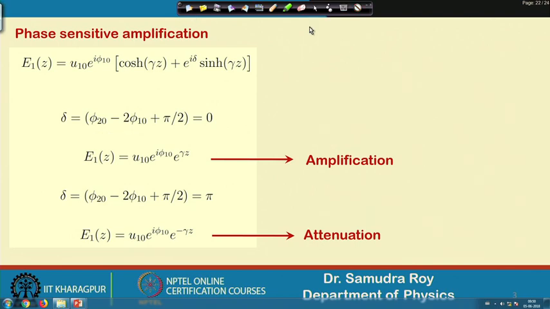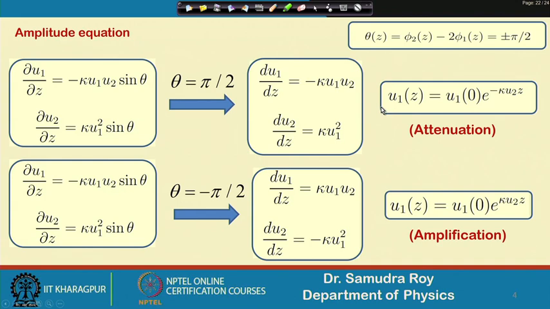If I extend this, I think this will be clear. We already have this expression for amplitude, and this amplitude expression for u1 and u2 is related to sin theta.